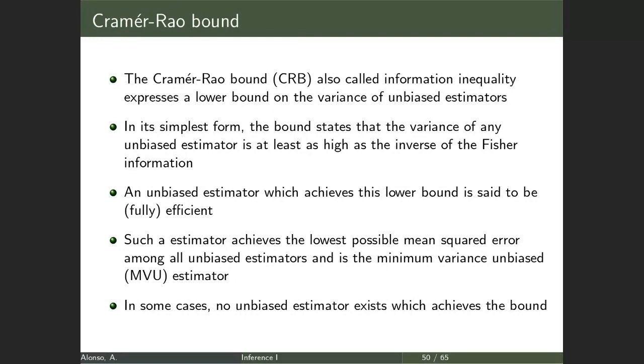However, sometimes it doesn't exist. Sometimes you don't have one that achieves the Cramer-Rao lower bound. By the way, when an unbiased estimator achieves this lower bound, we say that it is efficient. It's the best you can get from an unbiased estimator, and we call them efficient.